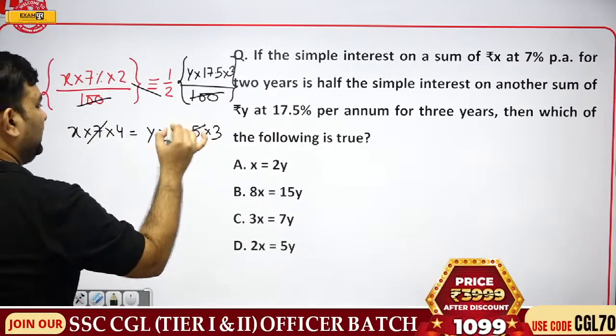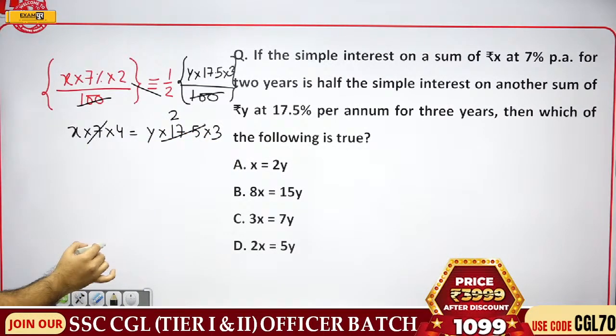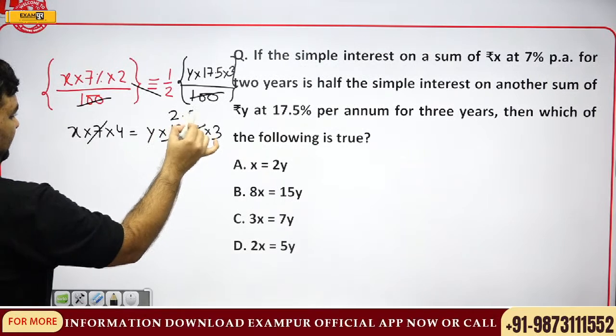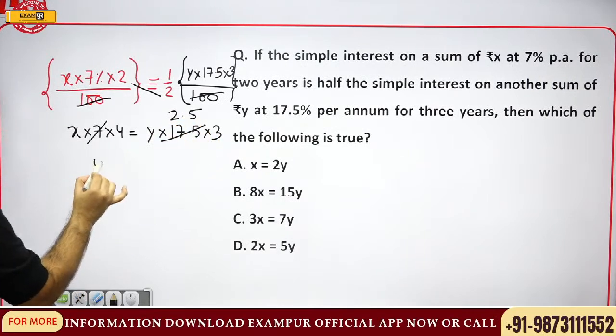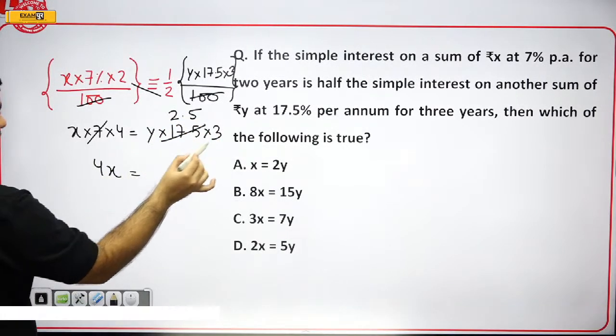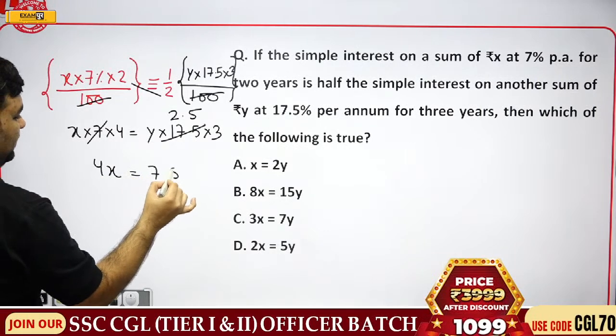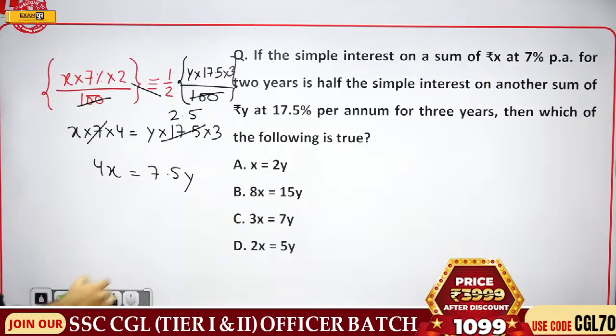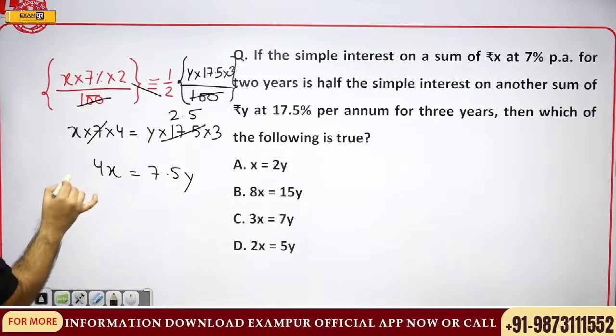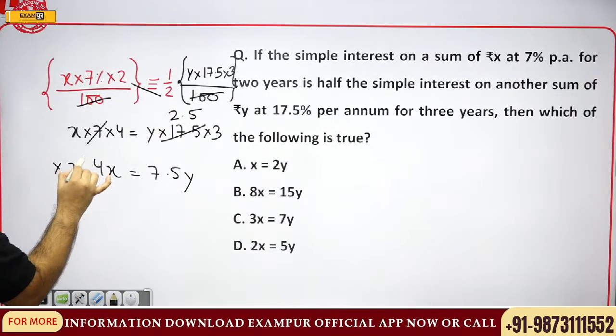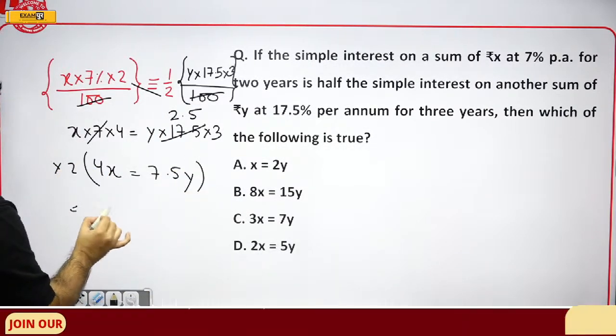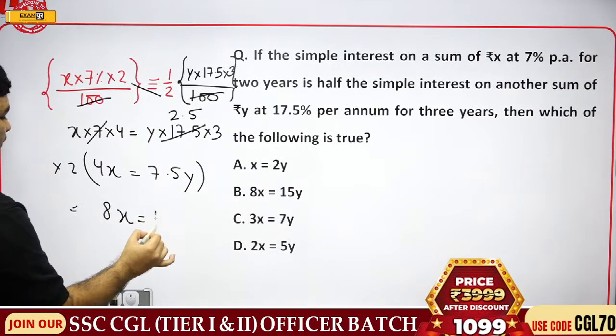7 twos are 14. 7 fives are 35. 2.5. So 4x is equal to 7.5y. There is no decimal portion, so multiply by 2 everywhere to make it integral. 8x is equal to 15y.